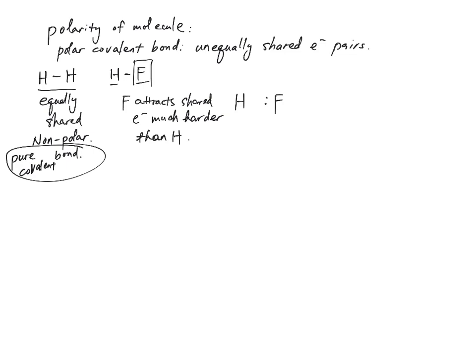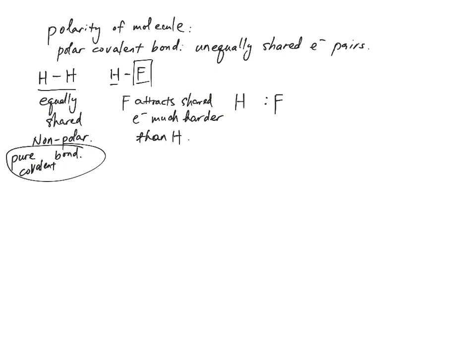Now, this is like you and your roommate ante up and bought a car. Equal sharing would be I'm driving it half of the time, and you're driving it half of the time.